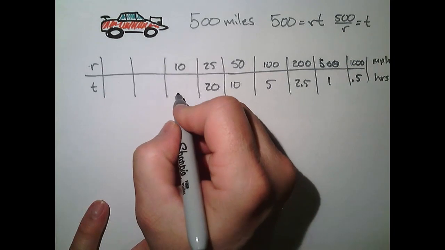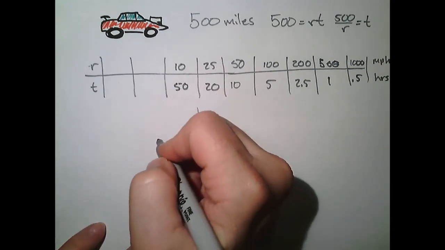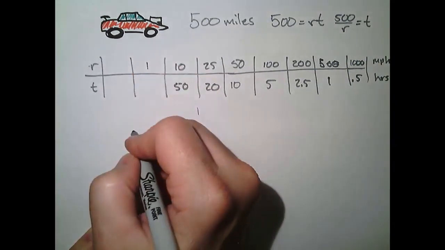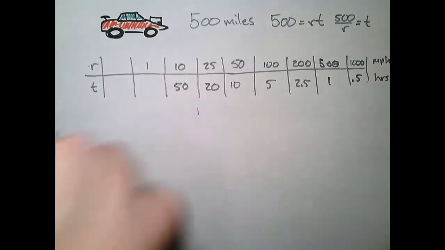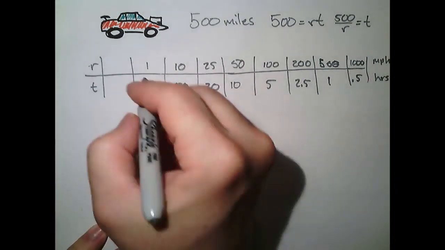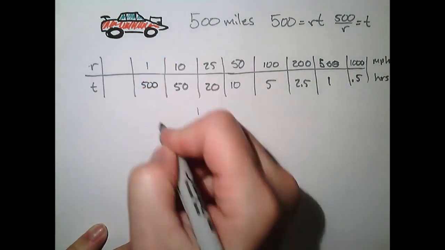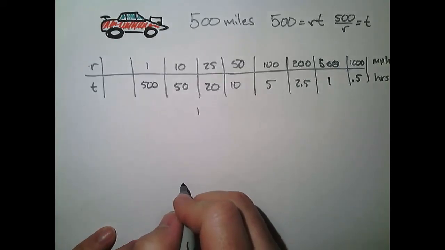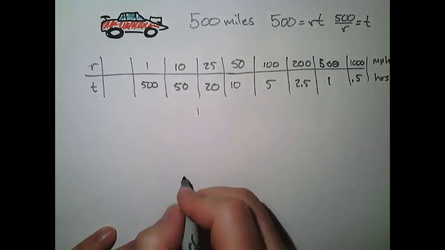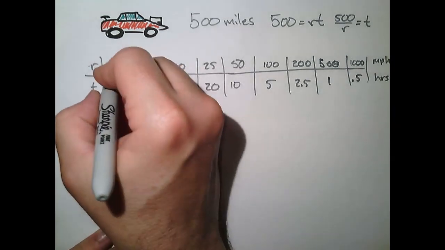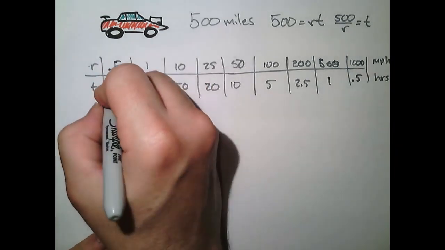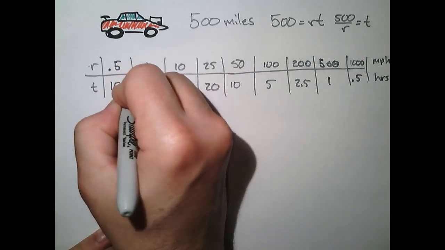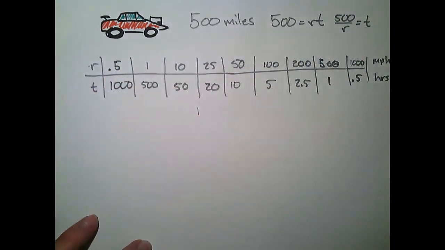Then it's going to take us 50 hours. And if somehow we're doing a mile an hour, now we're pushing the car, it's going to take us 500 hours. And if we were to keep going and say we do a 0.5, then it's going to take us 1,000 hours.